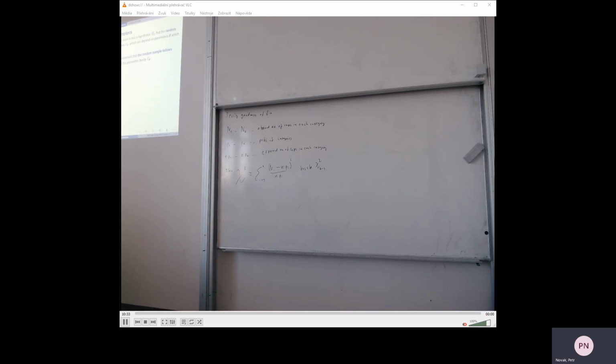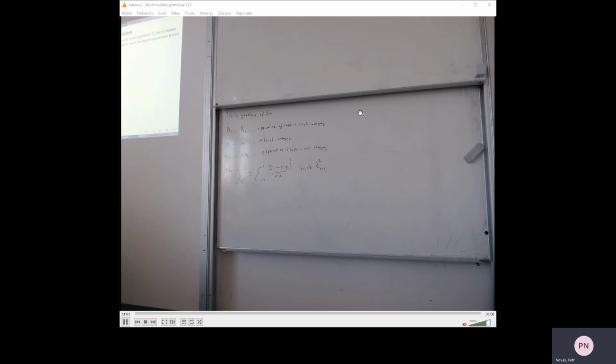Now, when we are slicing the real line into subintervals, we need to bear in mind that we need the expected number of cases to be at least equal to 5 in each of the categories. If this doesn't hold, we need to merge the categories somehow so that this is observed.